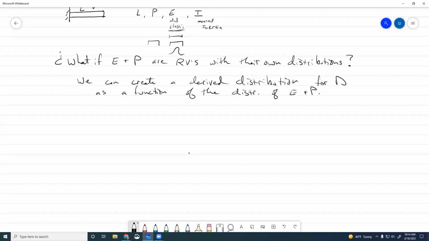So let's just do this in a very basic way. Let's say we have a function y is equal to g of x. And we'll actually write that out. So say y, we'll just pick a simple parabolic equation, 3x squared. We'll say x is a random variable, and y then is a random variable that is a function of x.